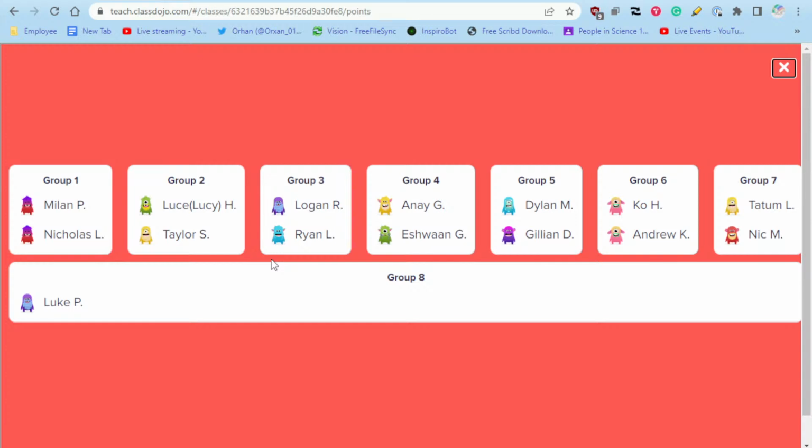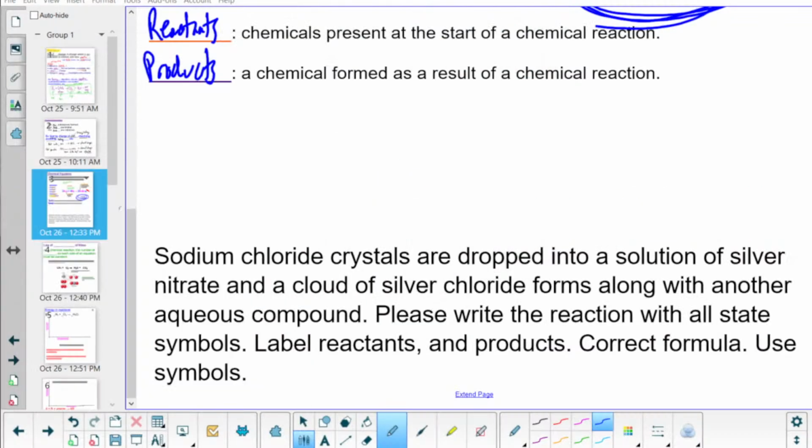Find a spot on the board, and I will point them in your direction. Grab a pen, write the equation on the board. You can draw lines, and you can use the other half there. There's lots of room on that side.